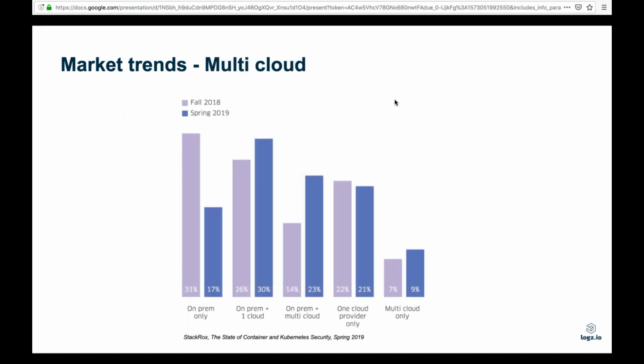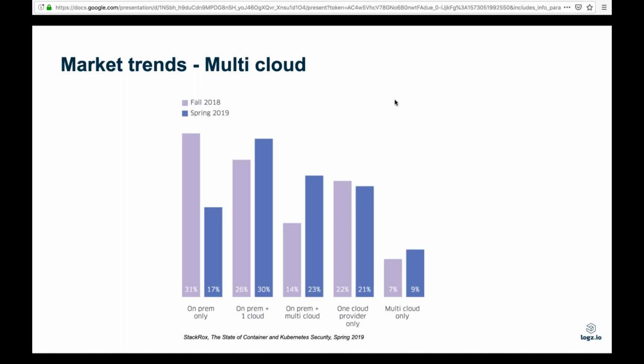Another trend, which is also related to the way we look at solutions, is that most of the market, most of the users, adopt their solution across multiple cloud vendors. If you look here, you can see that most of the people who answered this survey have been using more than one cloud vendor.